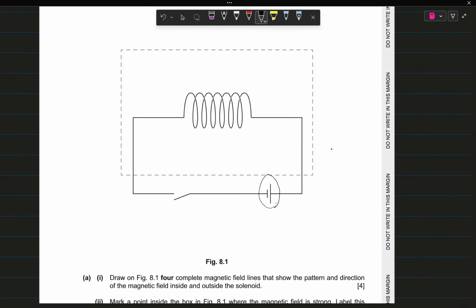So this long end will be the positive end, and this will be the negative end, which means that essentially, using conventional current, it will be like so. The direction will be like so, which means that the magnetic field here will go straight through, right in the middle, where it becomes undeflected like so. That will be our first line.